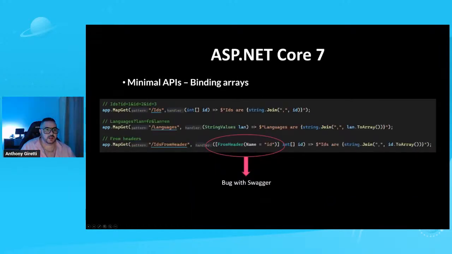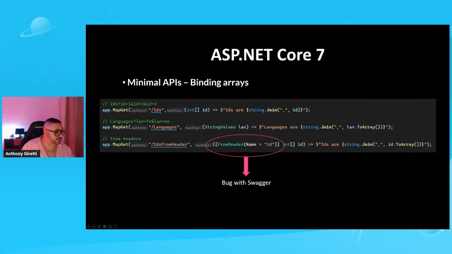Interesting. It was possible for a long time with Web API controllers, the ability to pass into a URL or headers a collection of items, I mean an array of IDs, for example.